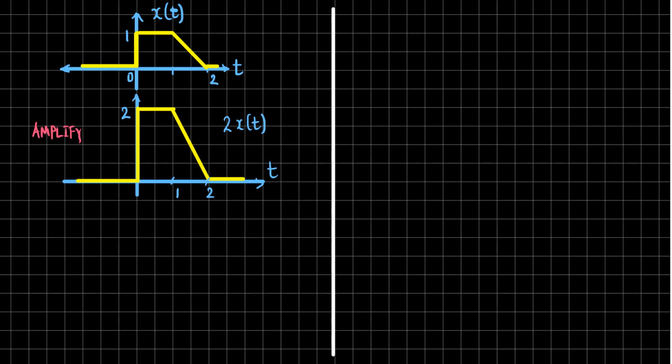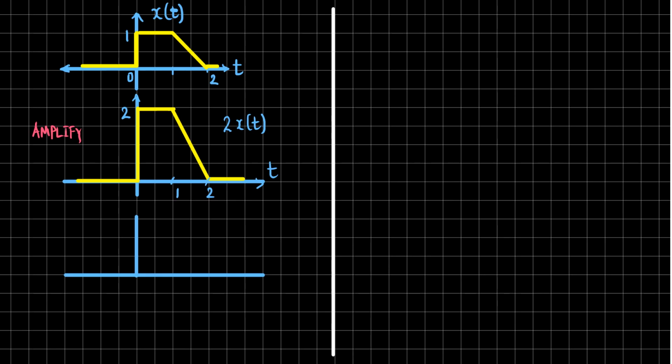Similarly, we can attenuate the signal if we have a scaling factor less than 1. So the new signal will look something like this. Suppose we attenuate the original signal by a factor of 2.